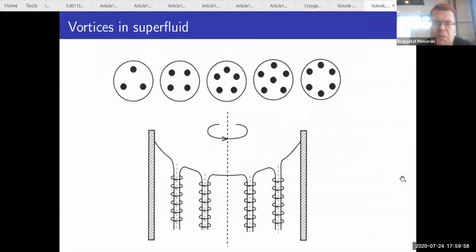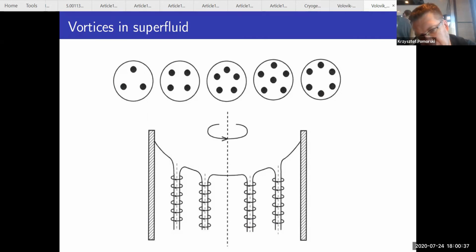Okay, now let us move to a more concrete example of vortices in superfluid. Let's say we have a metallic cylinder, and in this cylinder we place superfluid helium, and we start to rotate this superfluid helium.